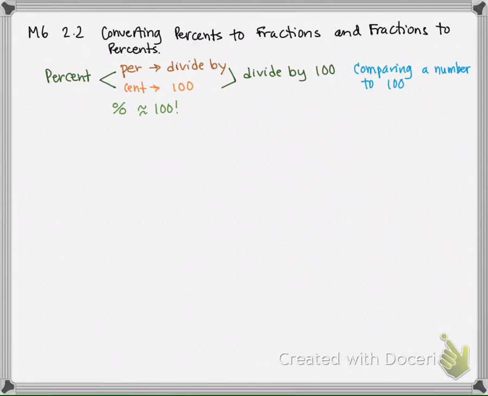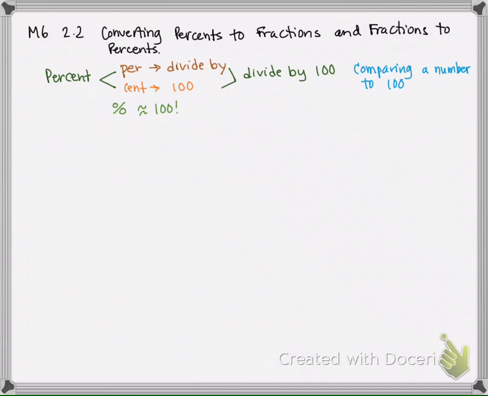People use different kinds of models. They use the hundreds board, where you had 10 rows with 10 squares in each row, giving you 100 squares, and then you would color in how many, and that's how many out of 100.